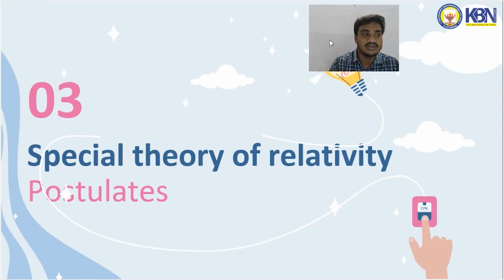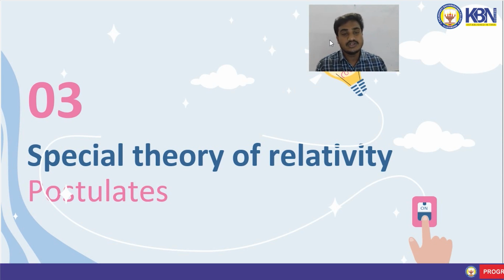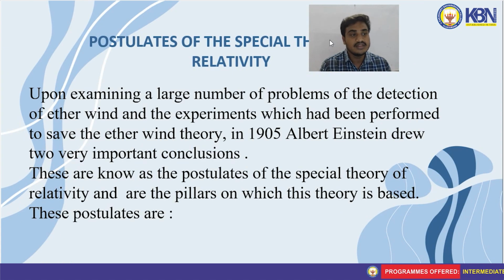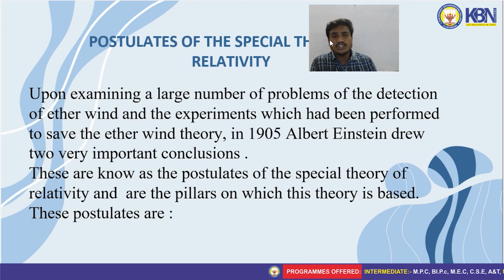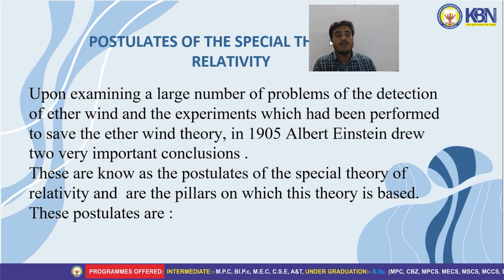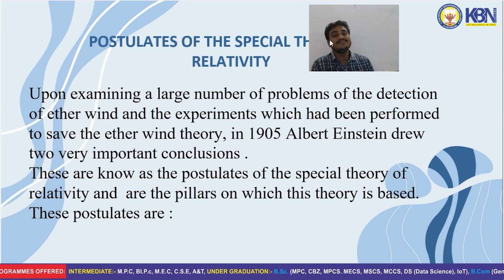Now we are going to see the third content, the postulates of the special theory of relativity. Upon examining a large number of problems on the detection of the ether wind, and the experiments performed to save the ether wind theory, in 1905 Albert Einstein drew two important conclusions.